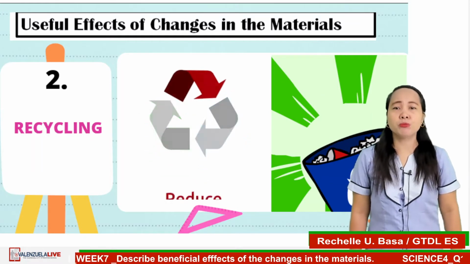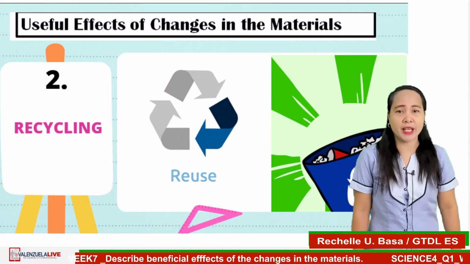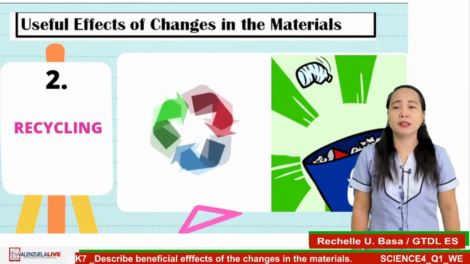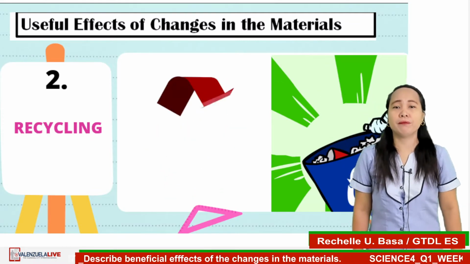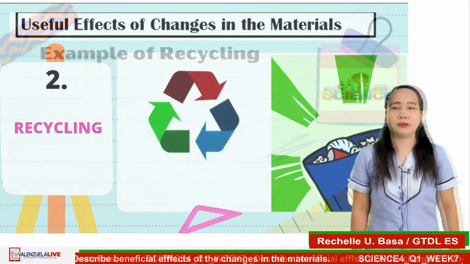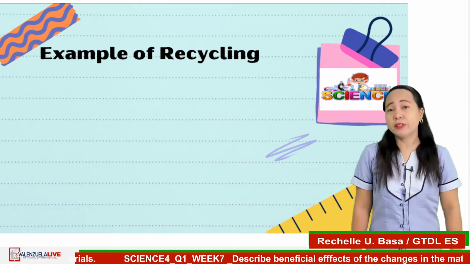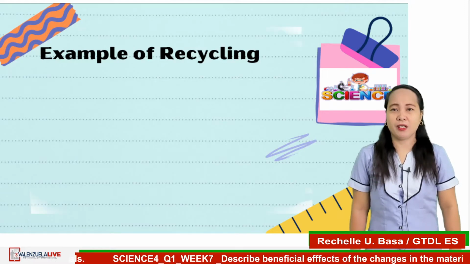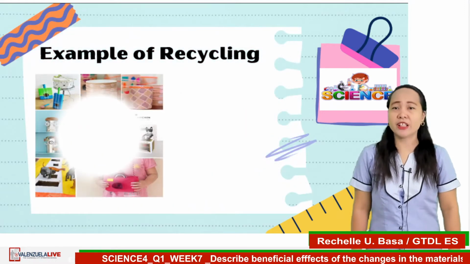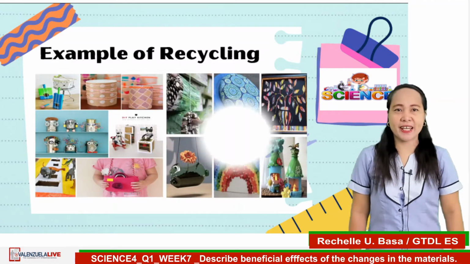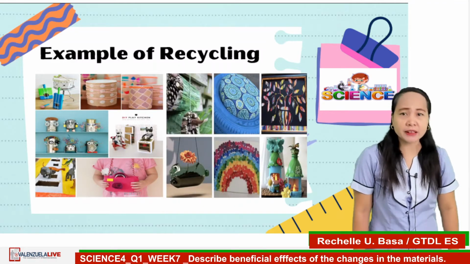Recycled aluminum uses 95% less energy than goods produced from virgin metal. Here are the examples of recycled materials. Aren't they beautiful and attractive? Yes, they do. They are attractive and useful.